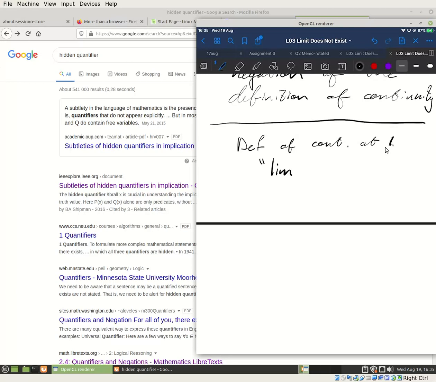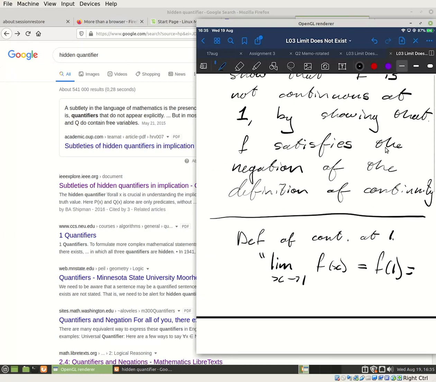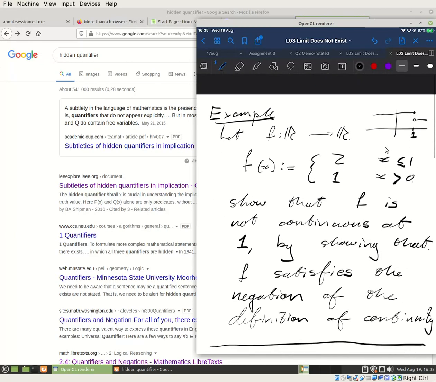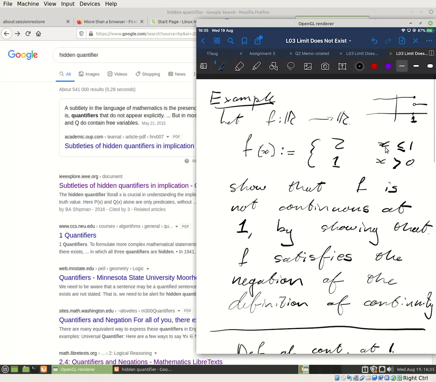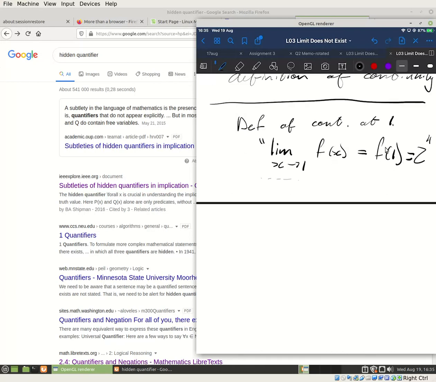The definition of continuity at 1 says the limit as x tends to 1 of f of x is equal to the function value at 1, which in this case is 2. So if f were continuous, then the limit as x tends to 1 would be 2, but f is not continuous.